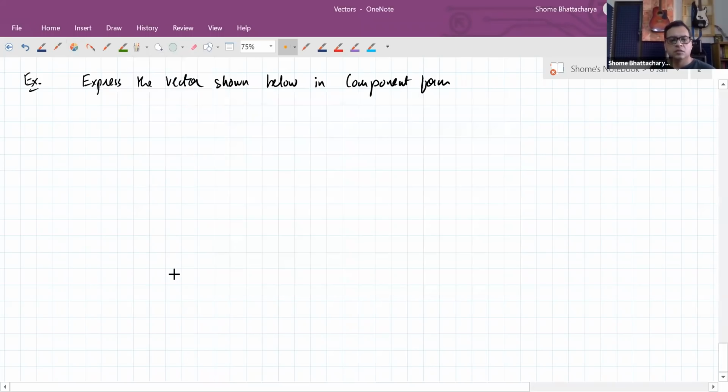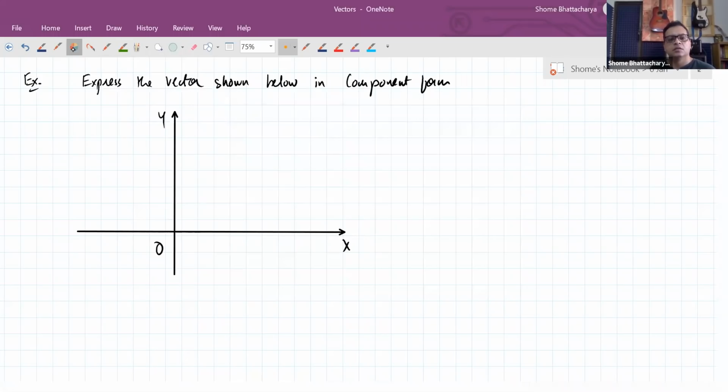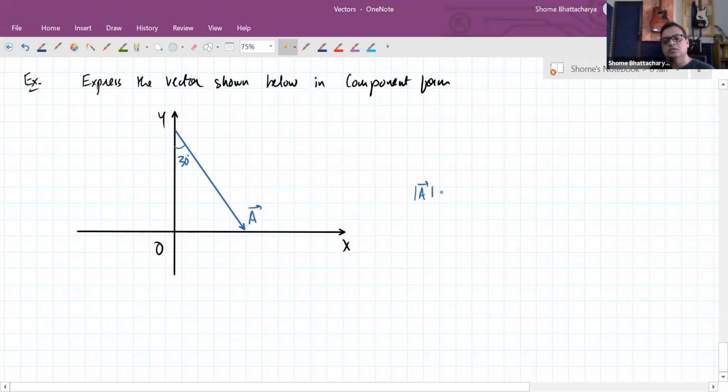So let's say the vector that is given to us is like this. With respect to our xy plane, we've been given a vector which is like this, let's say, where this angle is shown to us to be 30 degrees, and the magnitude of this vector is given to us to be 20 units.